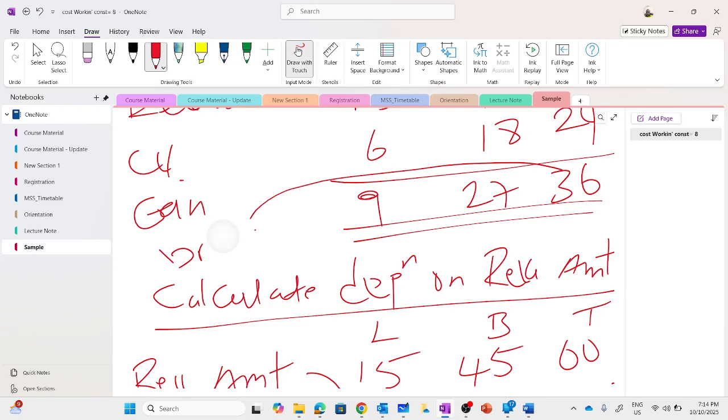So this is the double entry, and then what next? Calculation of excess depreciation. Okay, so fine. We have completed the solution to this particular question.